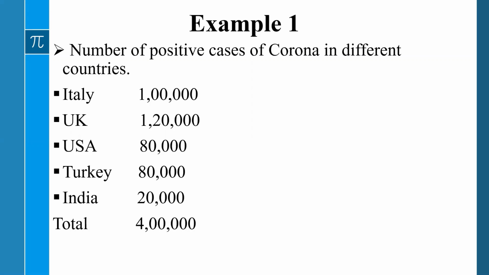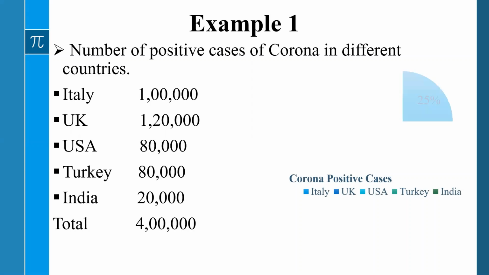Now, let's see how we can represent this data in form of a pie chart. Here, different colors are representing different countries. First sector of 25% is for Italy. Next one is for UK showing 30%.